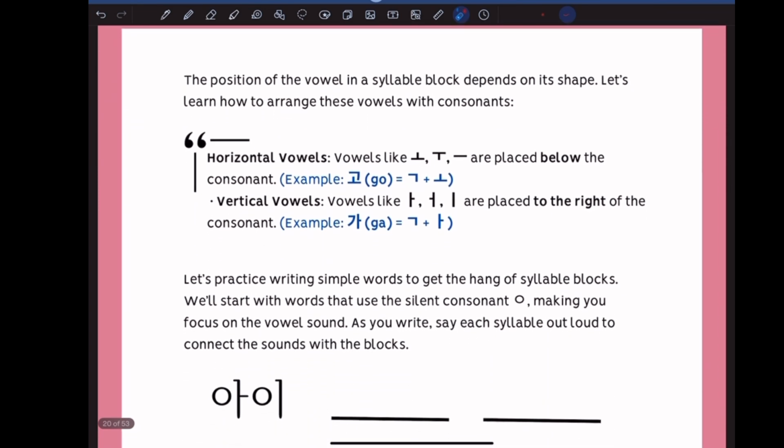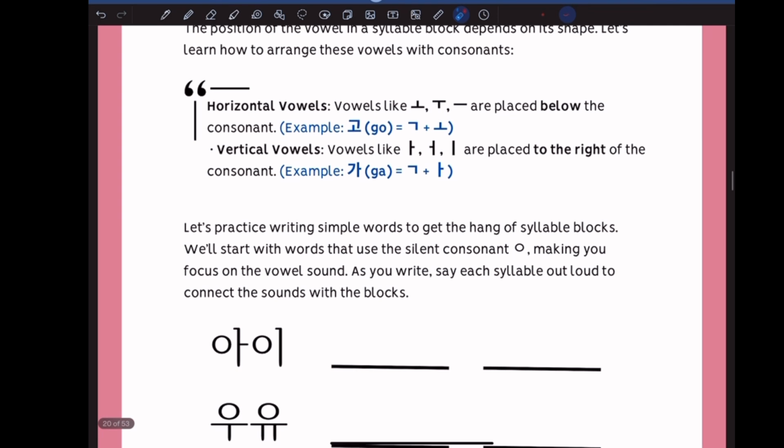So the position of the vowel in the syllable block depends on its shape. So let's learn how to arrange these vowels with the consonants. There are horizontal vowels and vertical vowels. The horizontal vowels are the vowels like o, u, and eu. They're mostly placed below the consonants.